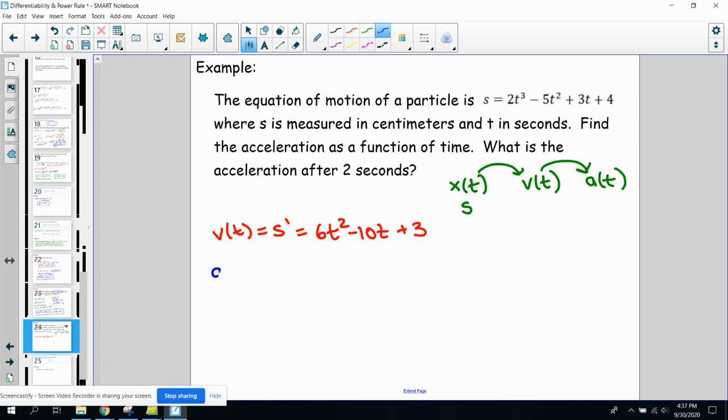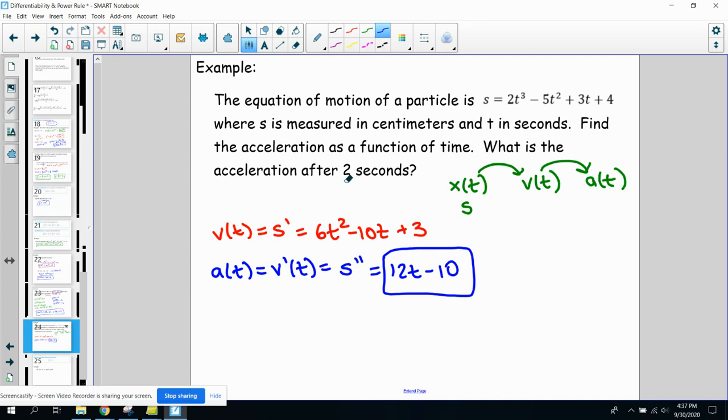Acceleration is the derivative of velocity, which is the second derivative of the position. So we're taking the derivative of the velocity. We get 12t minus 10. It asked for the acceleration as a function of time, which is this 12t minus 10.